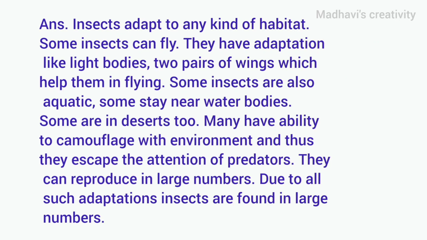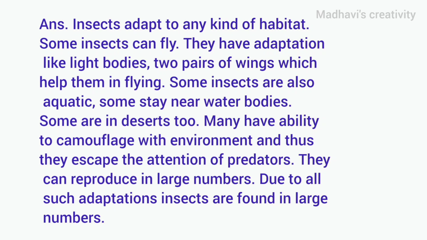Answer. Insects adapt to any kind of habitat. Some insects can fly. They have adaptations like light bodies and two pairs of wings, which help them in flying. Some insects are also aquatic. Some stay near water bodies.